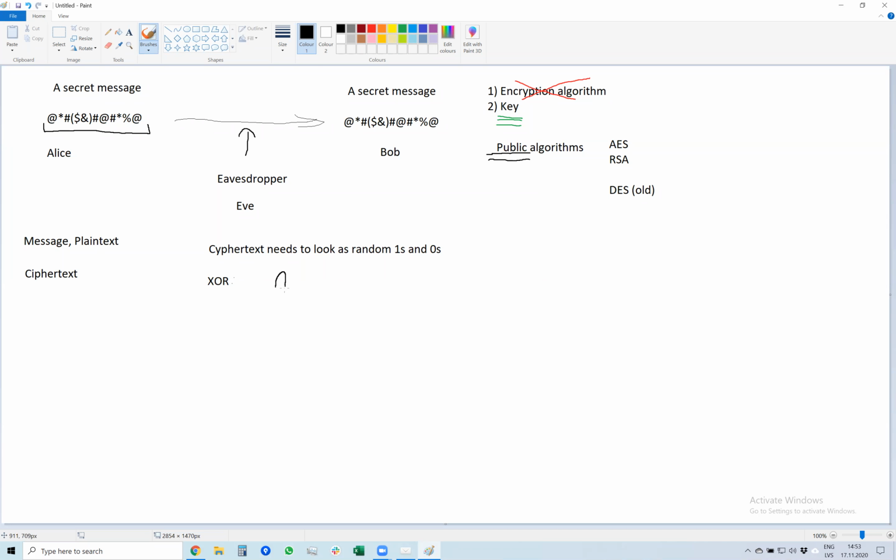So we have, for example, two bits, A and B. And what happens if we do XOR on them? XOR is a mathematical function on binary bits. So we have A 0, B 0; A 1, B 0; A 0, B 1; and A 1 and B 1.